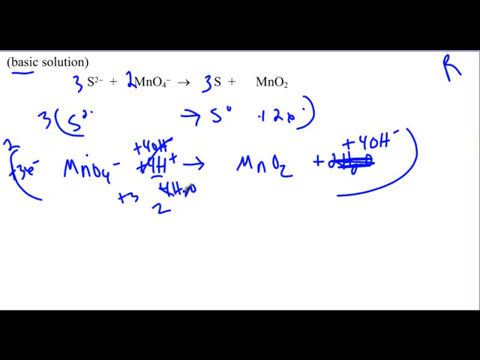I end up with 2 waters, so this is going to be 2 times 2 is plus 4 waters. And I have 2 MnO2s, and I have 8, 2 times 4 is 8 OH minuses. Let me just make sure that matches what I have in the answer key, and in fact it does. So voila, and we're done.